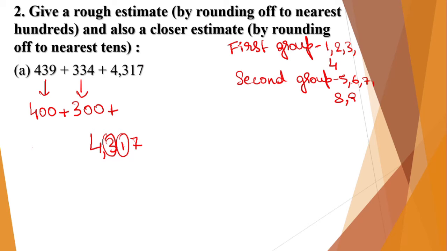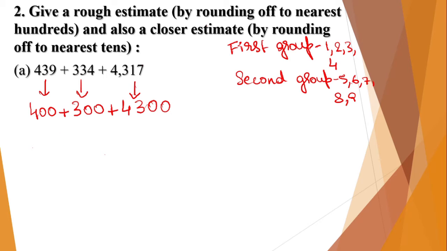So 3 will come as it is. But 4 is on the left side, right? So 4 will also be as it is, and 3 will also be as it is. But 1 and 7 will become 0. So 4317 round off to nearest 100 will give us 4300.